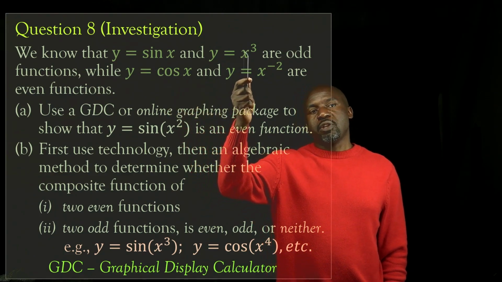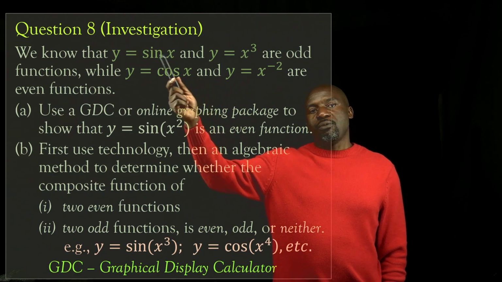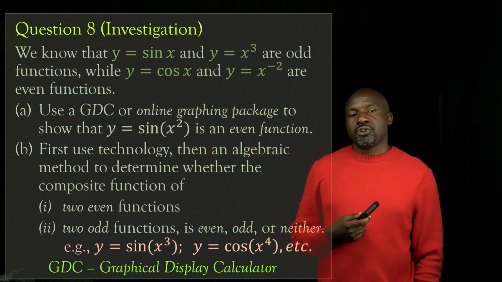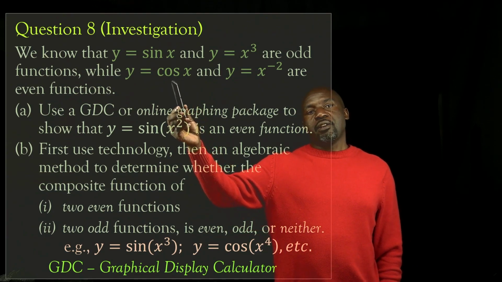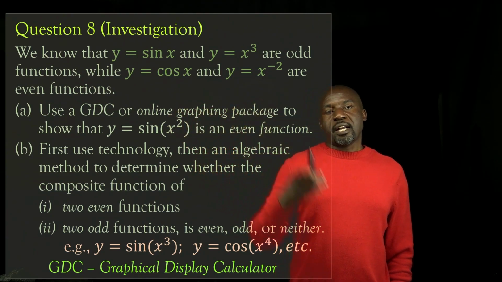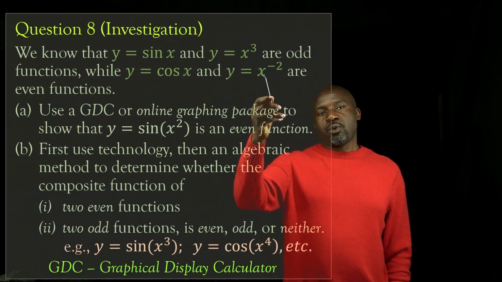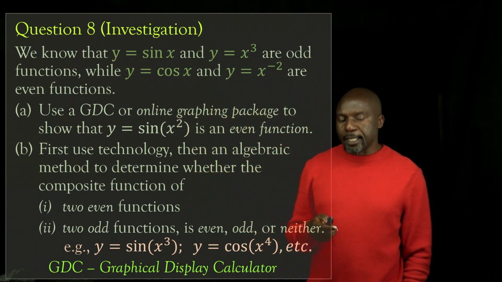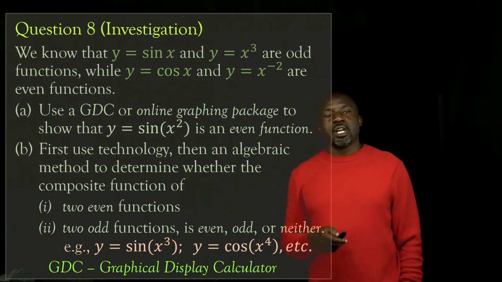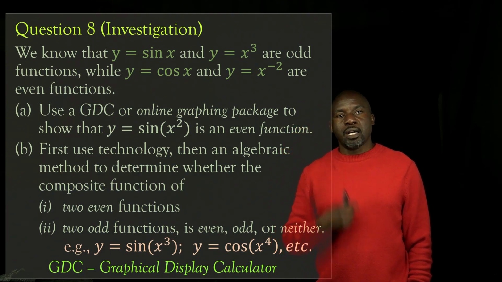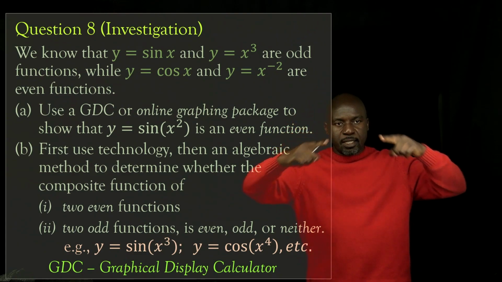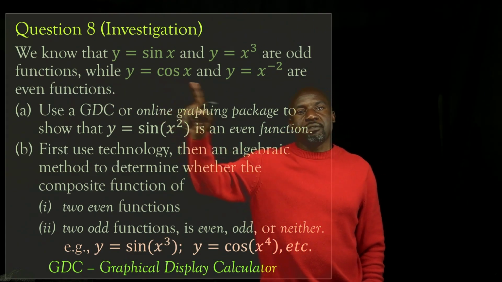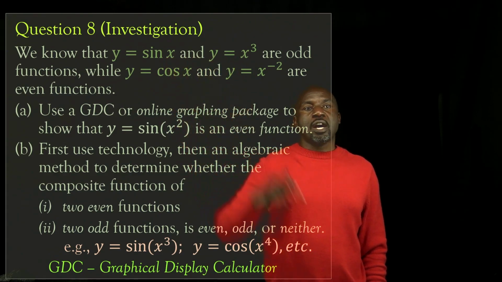We already showed these two functions are odd functions, and we also showed earlier that cosine of x and x to the power negative 2 are even functions. Go back and you will see that we showed 1 over x squared, two lines that go like that, so that is an even function. So these two are even functions while those two are odd functions.